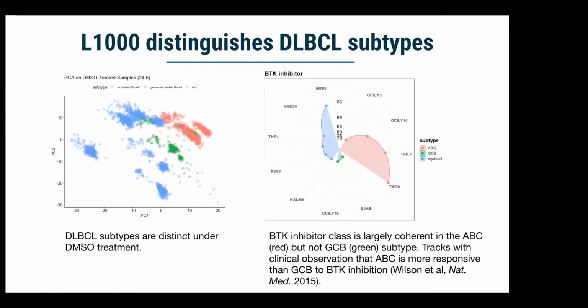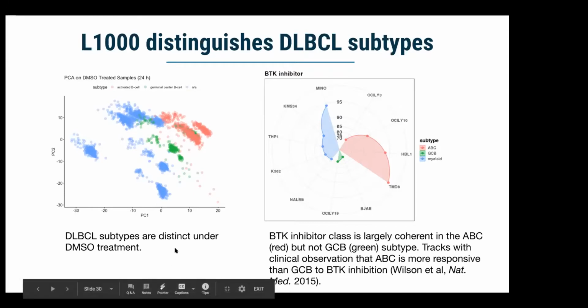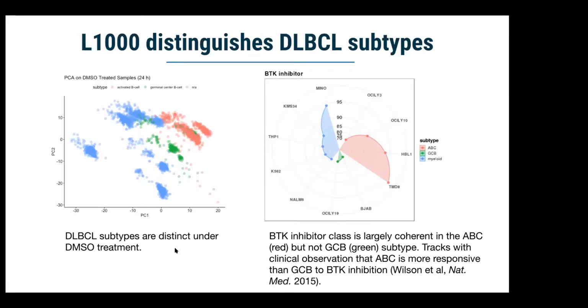We can drill into this a little bit further and ask, is there not just a difference between solid tumor and hematopoietic lines, but within the hematopoietic lines, can we distinguish the subtypes of DLBCL? So this plot at the left is a PCA projection of all of the DMSO samples from this 11 cell line data set, colored by the DLBCL subtype.